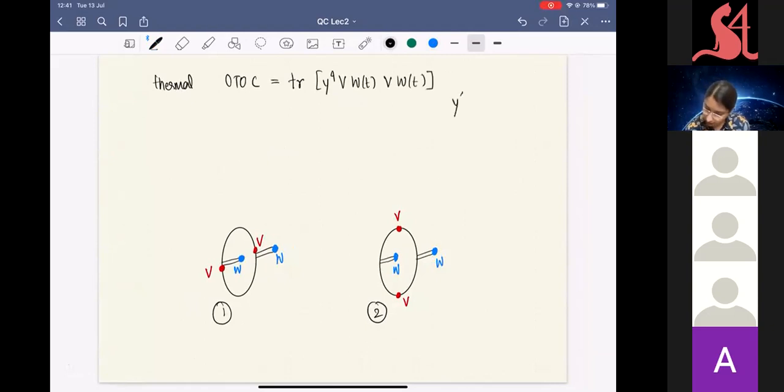Where y to the power 4 is this. So instead of working with this correlator, we work with a regularized correlator.